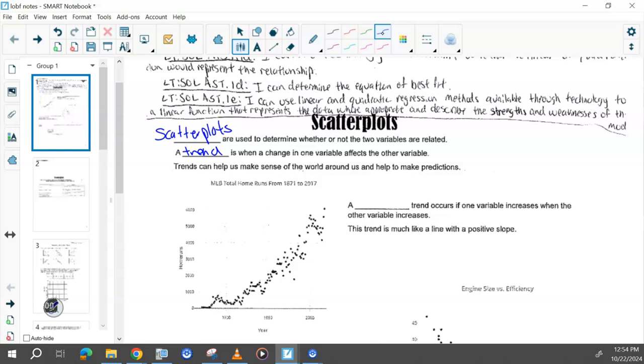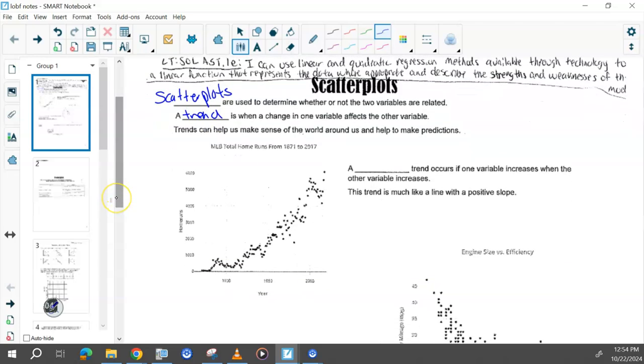In real life, trends can help us make sense of the world and help us make predictions. I'm going to have you fill in this blank. A blank trend occurs if one variable increases when the other increases. Kind of positive. This trend is much like a positive slope.